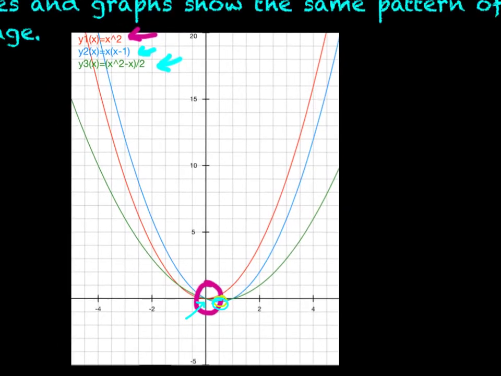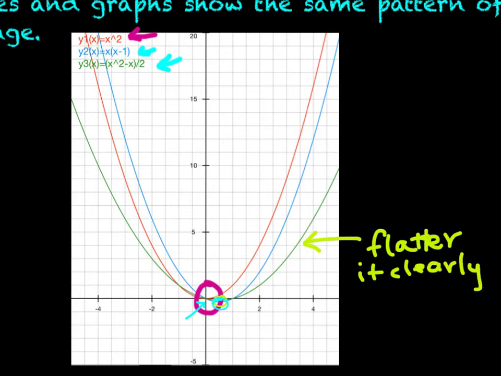If we also look at this, we can see that this third graph is flatter. It clearly increases slower than the other graphs, hence that +1 increase.